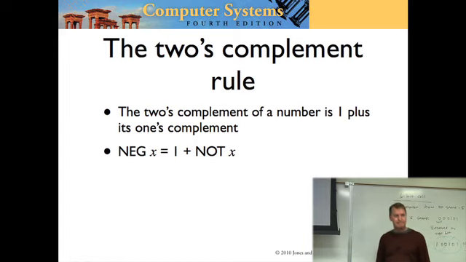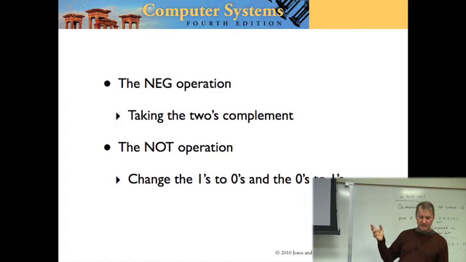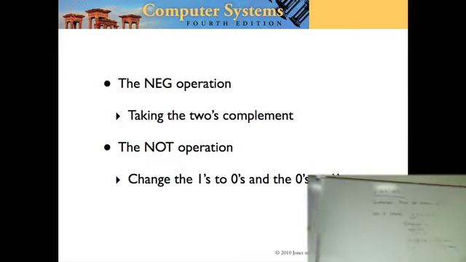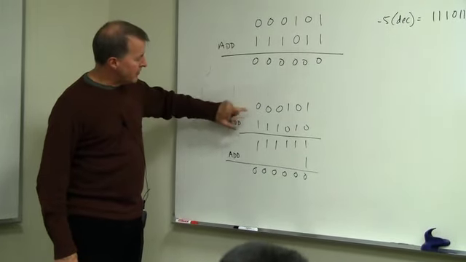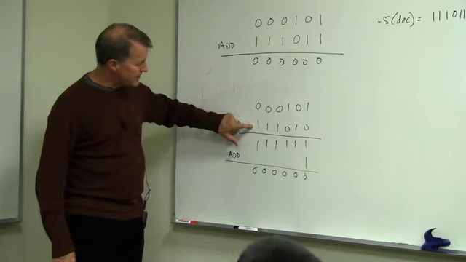Can we explain that a little bit more? If we go back to the last slide, it says the neg operation is taking the 2's complement. That's terminology. Right, but aren't you supposed to add one there? No, the not operation, the thing that we did here, is the not of this.